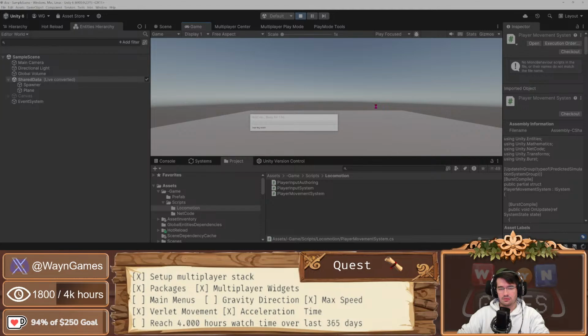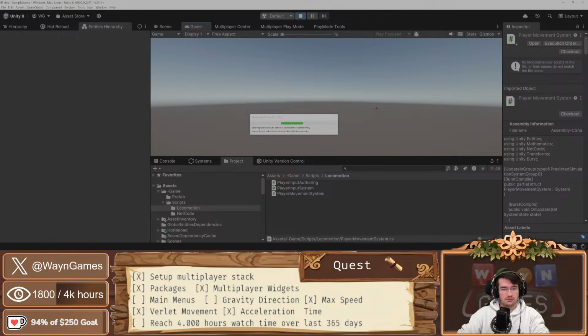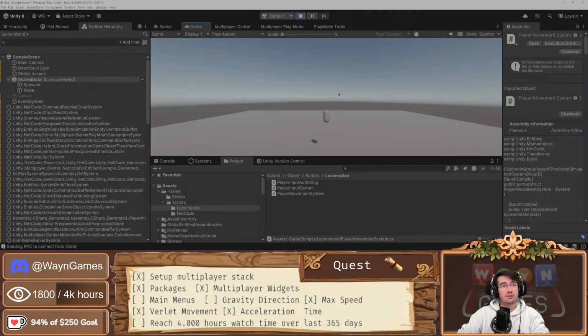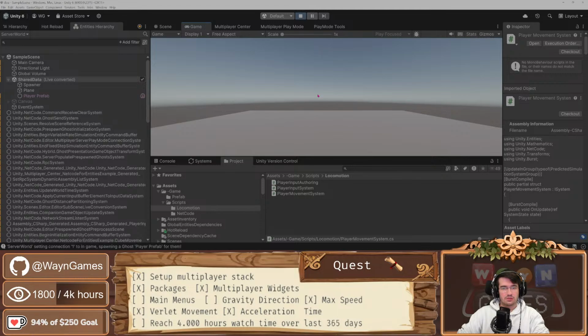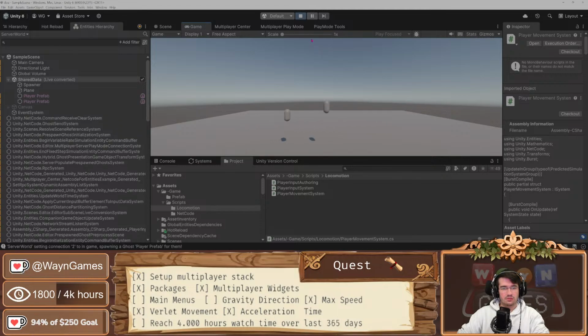Still reloading domain. Okay, and let's get this bug of the interplay mode that doesn't work. Let's look at the client entity.